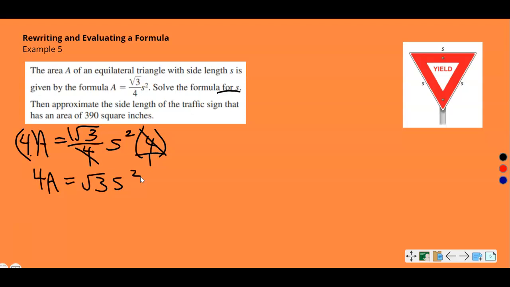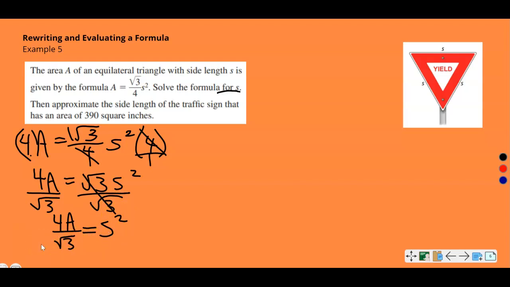Now we're still trying to get rid of this square root of 3, so let's divide both sides. Anything divided by itself is 1, so that goes away. And then I have 4A over the square root of 3. It's kind of nasty looking. We don't really like to have square roots in the denominator, but right now we're just solving.